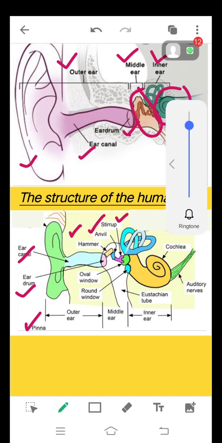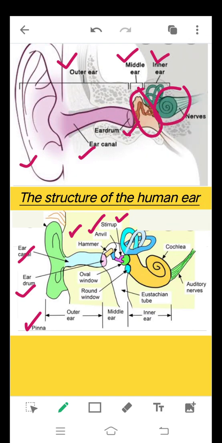Then this middle ear continues as the inner ear, where this round structure is present, known as the cochlea, and this cochlea is connected to auditory nerves. So these are the different parts present in the human ear.